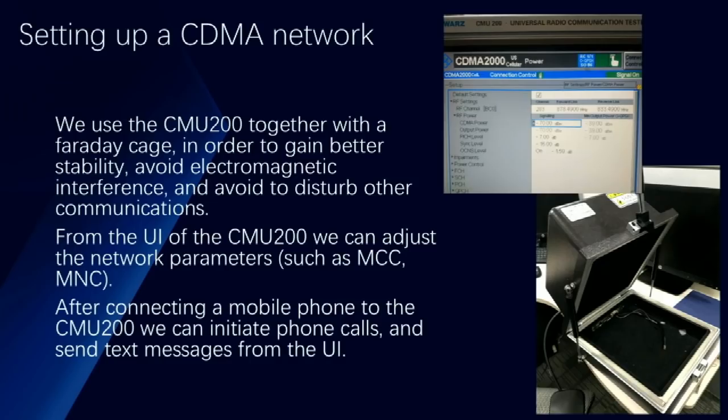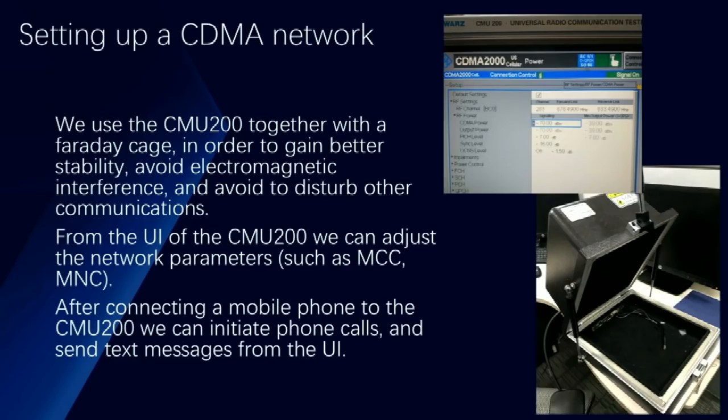Using this machine's user interface, we can adjust network parameters such as the country code, the network code, and even the channel numbers and so on. After connecting a mobile phone to this machine, the phone connects to the network the machine creates.